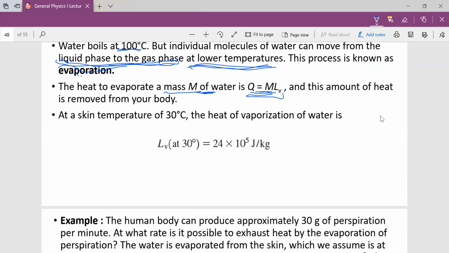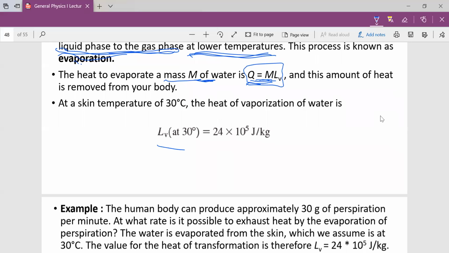So you have seen this equation before. It is not new. We're just using it to define the term where it applies in movement of liquid to gas. Fusion is for liquids to solid and solid to liquid, that is freezing, melting. And for this one, we have vaporization, condensation, or boiling point condensation. Okay, so we have the standards.